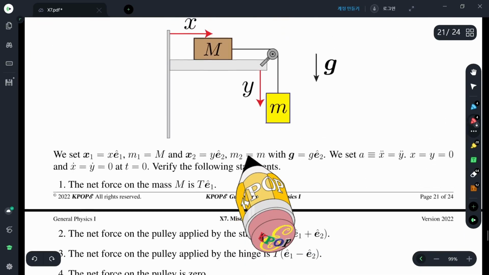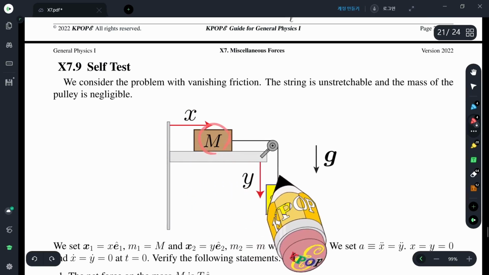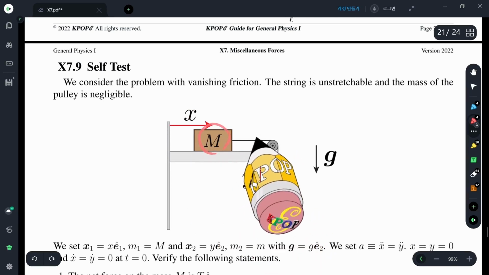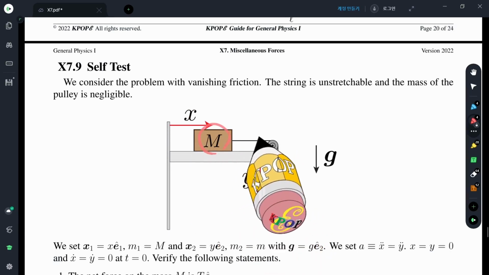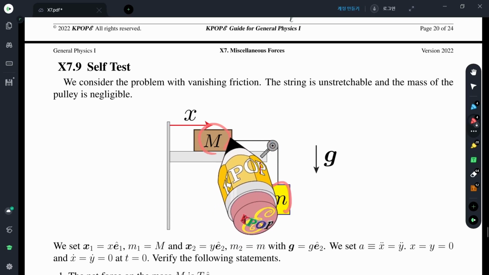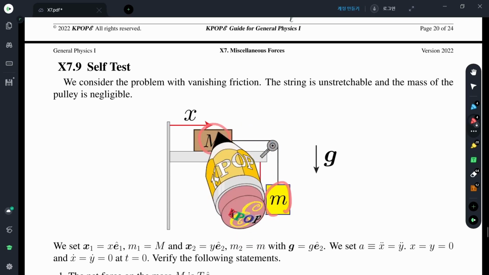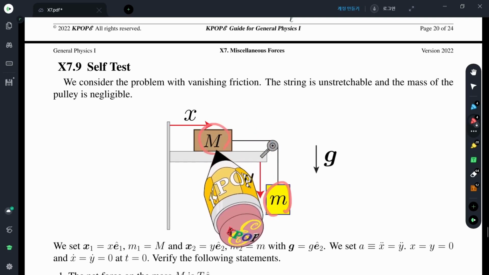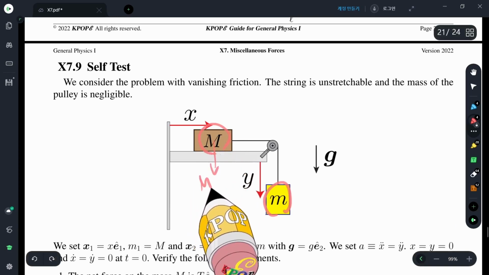And here we have two objects. We know how to compute the frictional force, compute the force that is pressing down the floor, and compute the normal force that cancels the applied force mg.